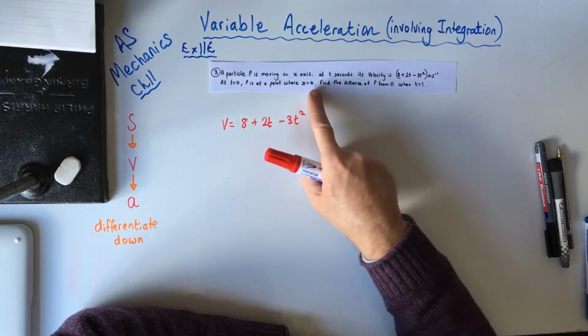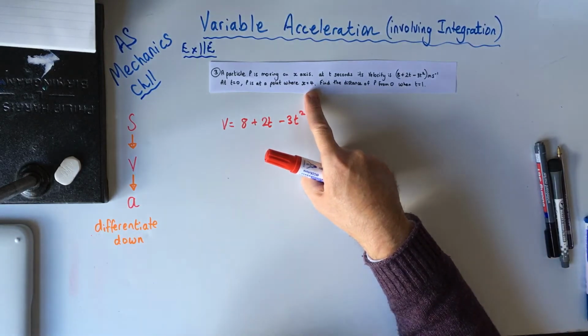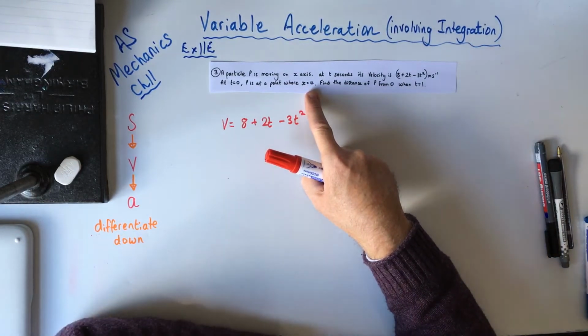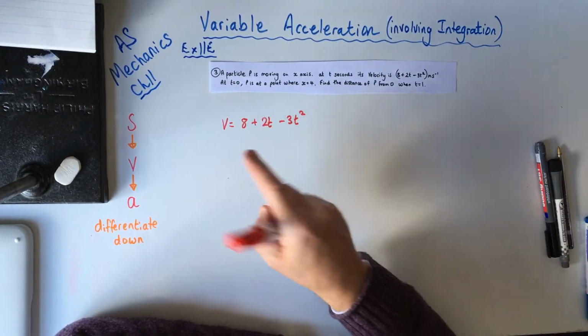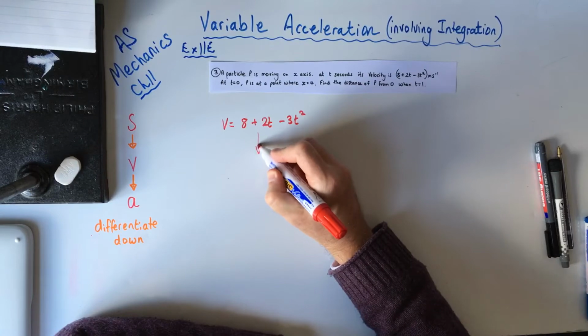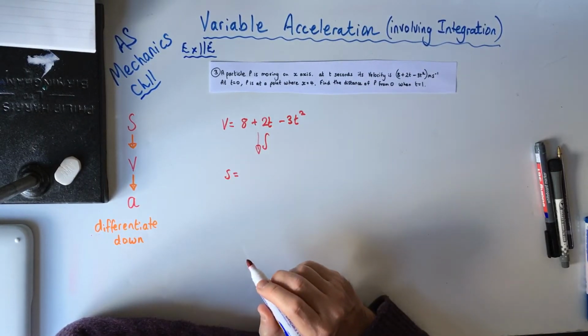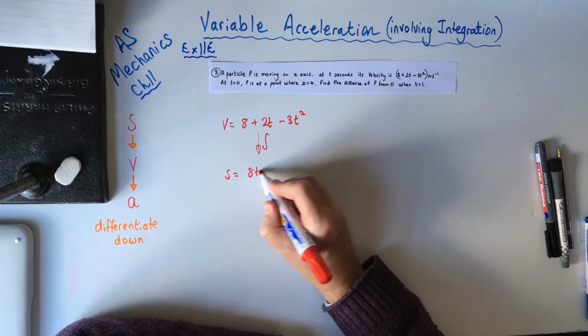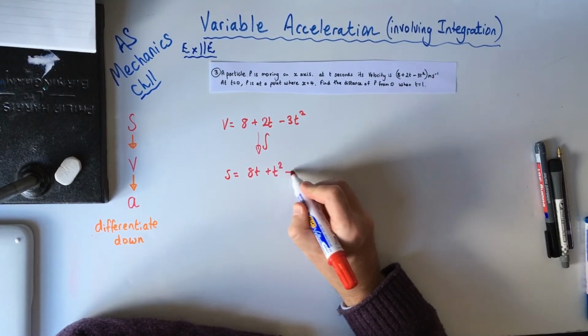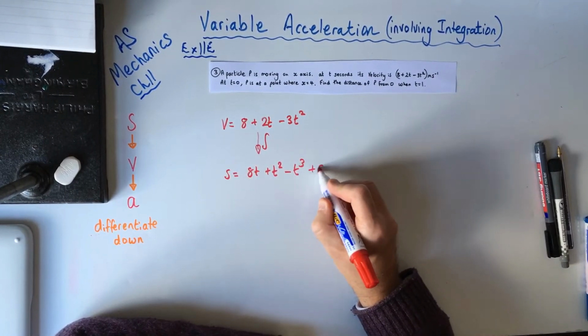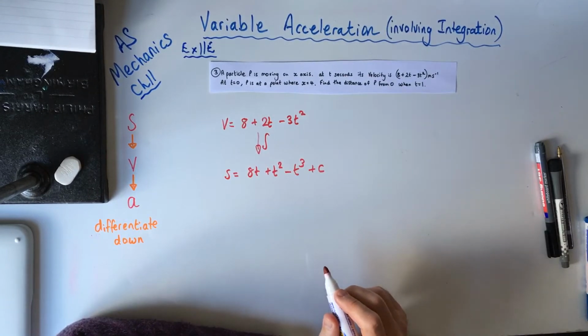When t is 0, it's already at 4 meters from the origin. So s, the displacement, is already 4. So let's integrate this and get our equation for the displacement. We get 8t plus t squared minus t cubed, and let's put our plus c on.